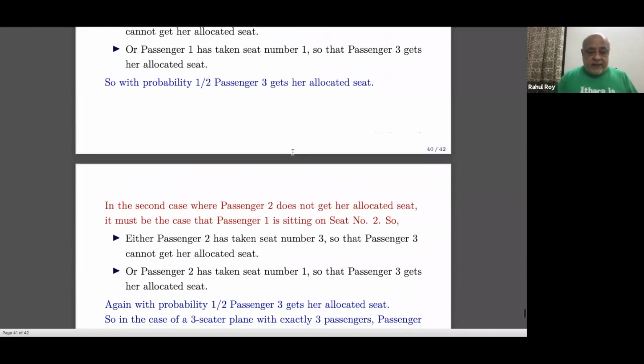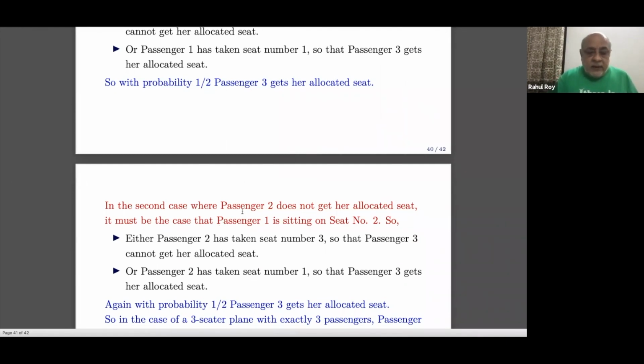In the second case, where passenger 2 does not get her allocated seat, it must be the case that passenger 1 is sitting on seat number 2. Otherwise, passenger 2, who is the second passenger to come in, would have gotten her seat. If she does not get her allocated seat, that means passenger 1 must be sitting on it.